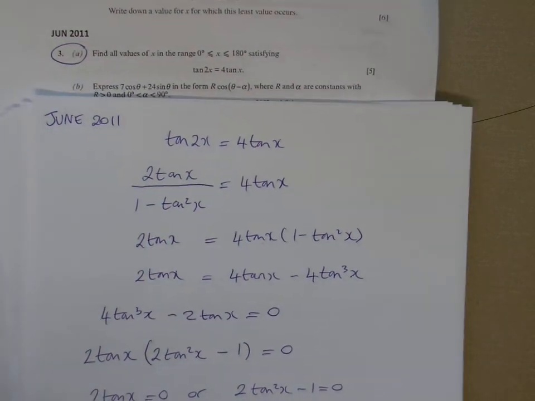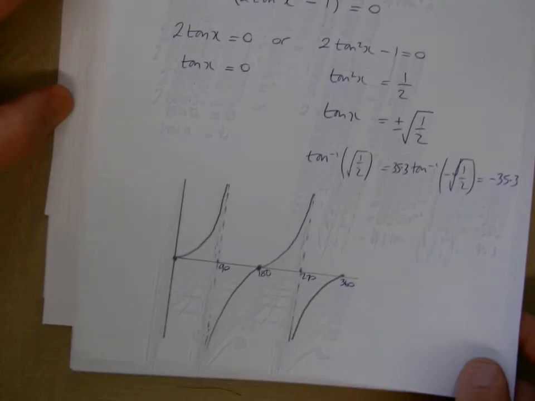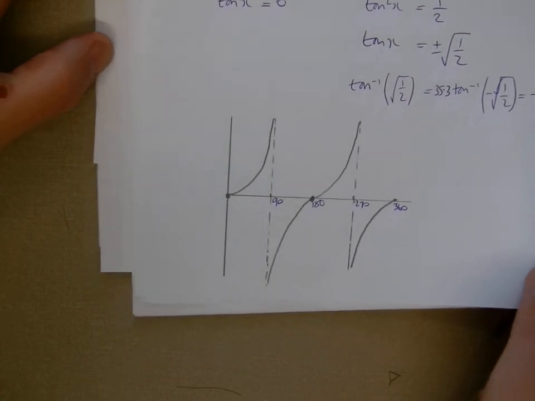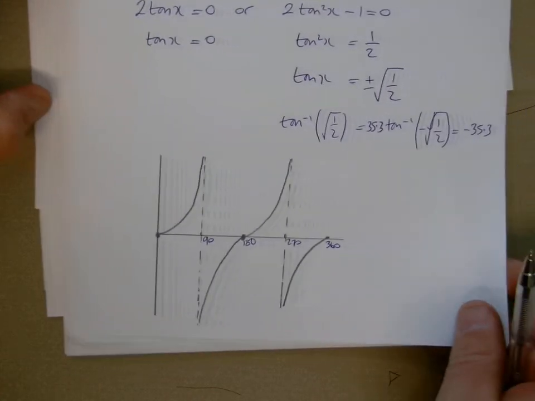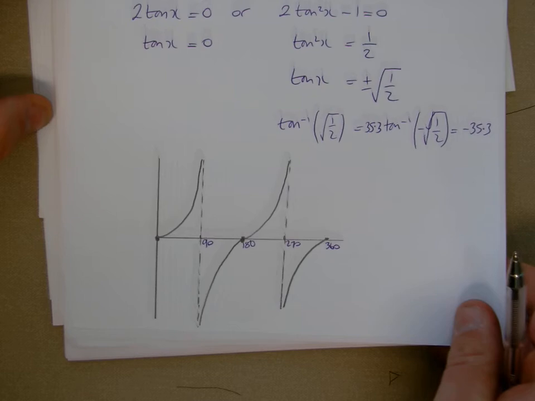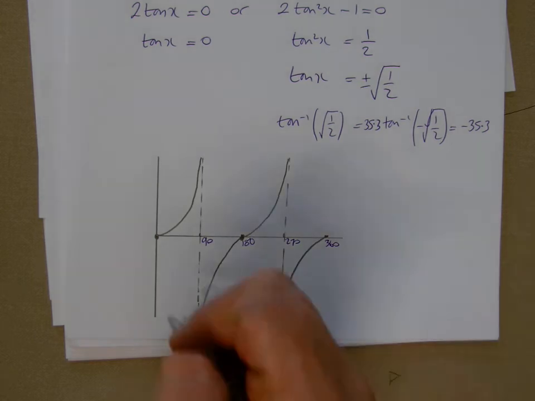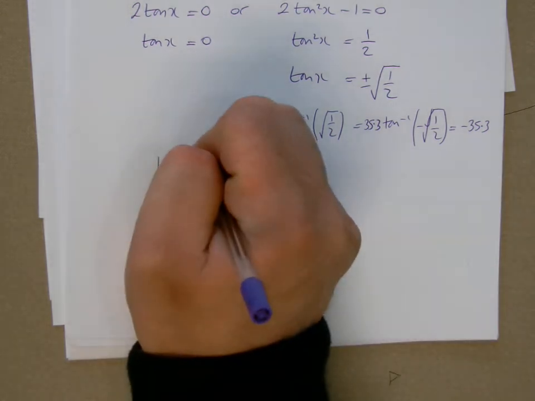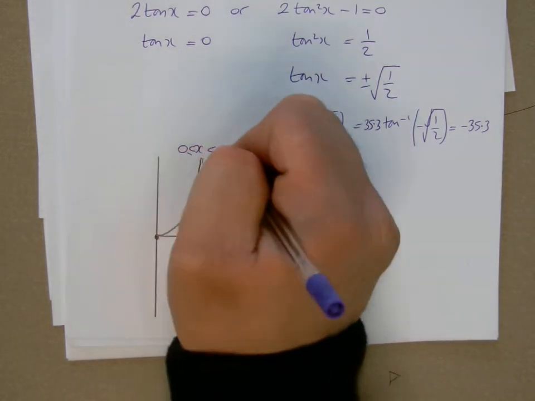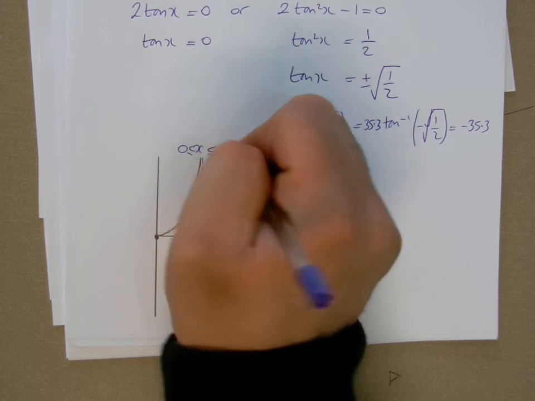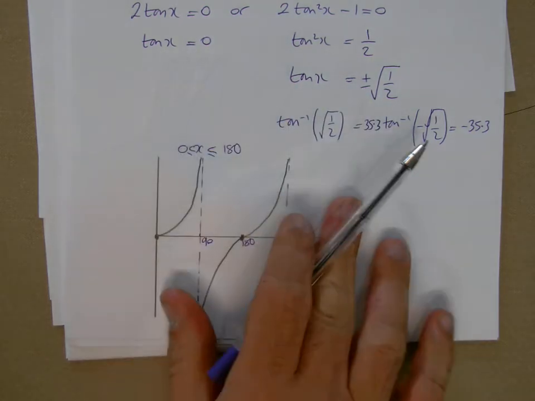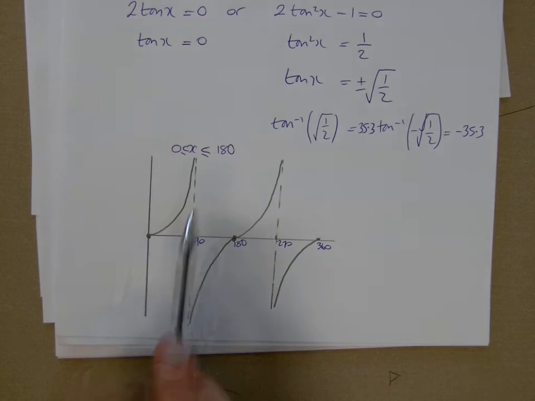There's no harm in me actually drawing from 0 to 360, but just remember that you don't actually need this part of the graph here. We only want everything between 0 and 180 degrees.